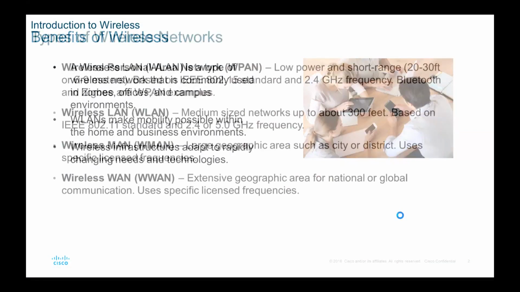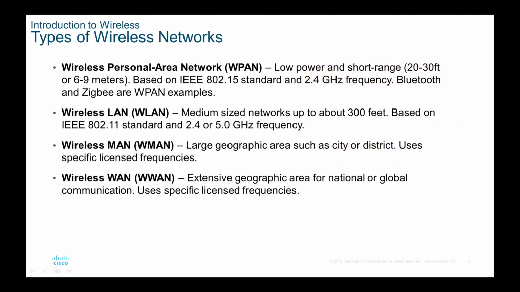Now, there are different types of wireless networks. One is the wireless personal area network, which is limited to a very short range of less than 10 meters. The protocols used in the wireless personal area network are, for example, Bluetooth and Zigbee. These are the standards that are used.